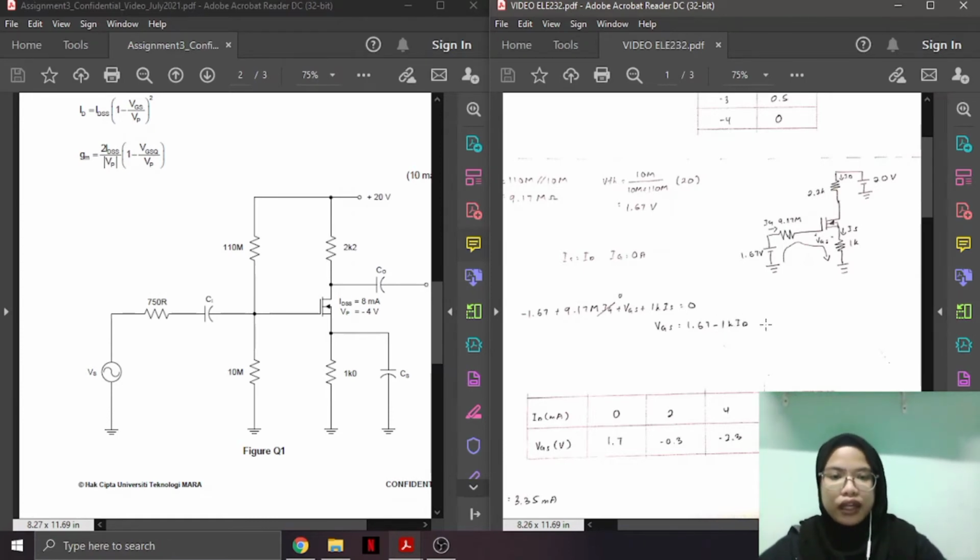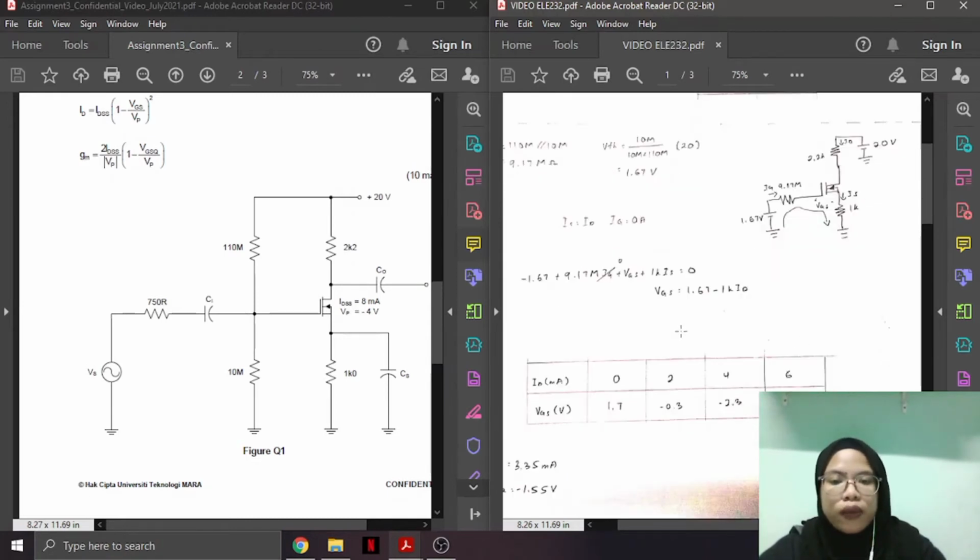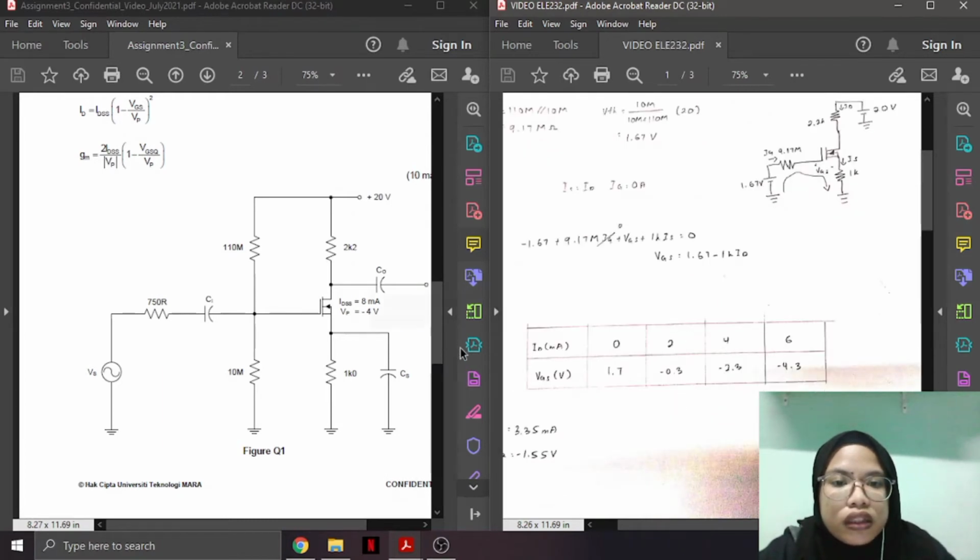Okay, next from the equation that we get here, we need to construct another table to find the VGS. From this equation, we have constructed the table, and here we get when ID is 0, the VGS is 1.7. When ID is 2 milli, we got the VGS is negative 0.3.